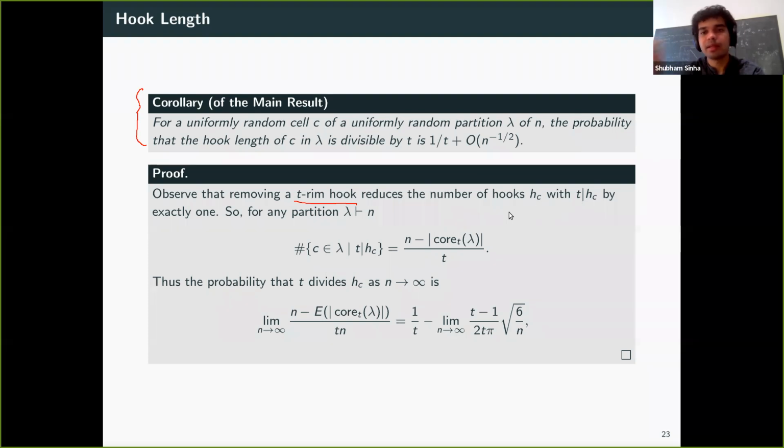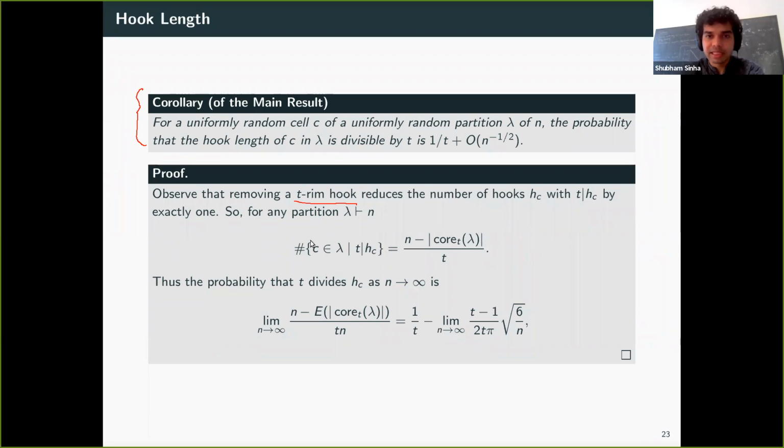If you follow the discussion on abacus, you can see that. And so you basically keep removing T rim hooks unless you don't have a rim hook whose size is divisible by T. So that's precisely the core.